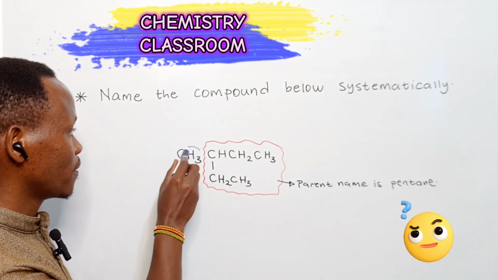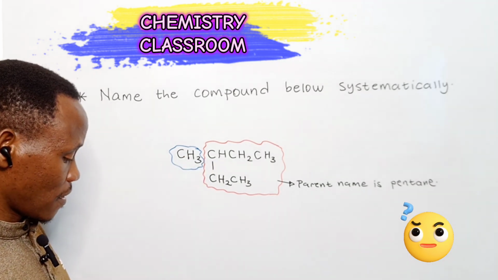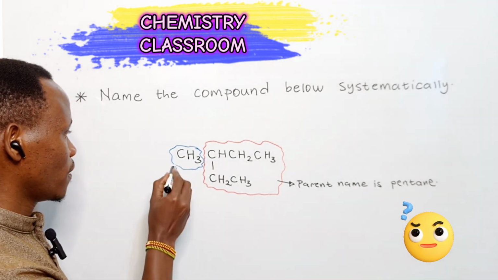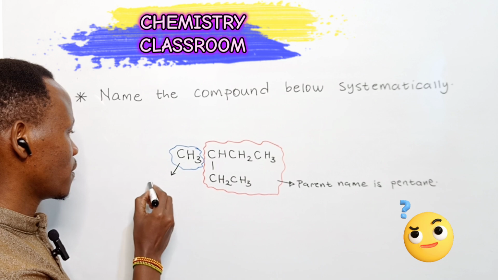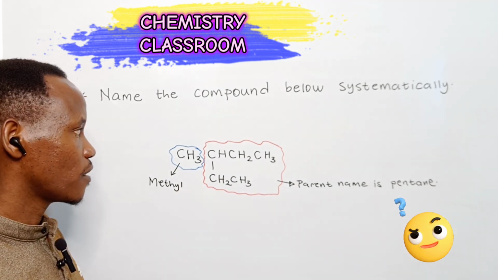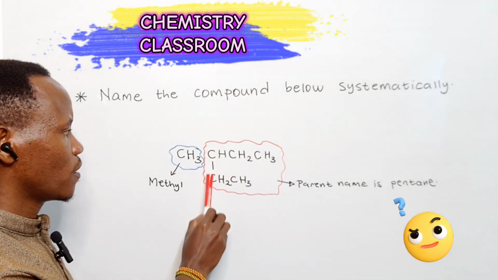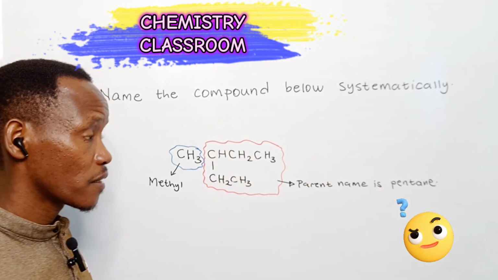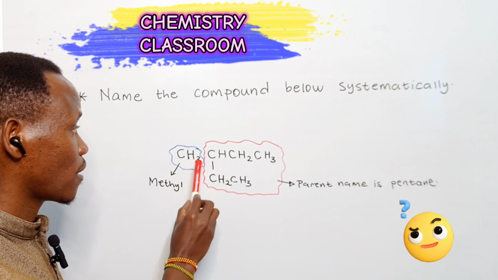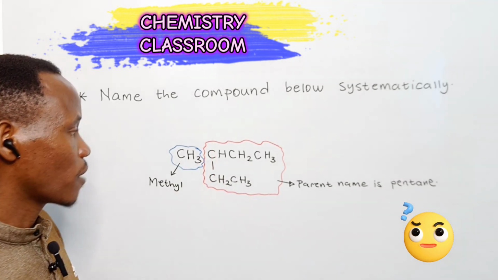Note that this is now our substituent, and as seen before, the name of this substituent is methyl. We go back to our compound and assign numbers to carbon atoms on the parent chain such that our substituent is allocated to the carbon atom with the lowest number.